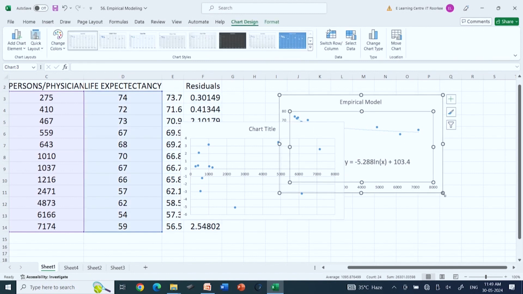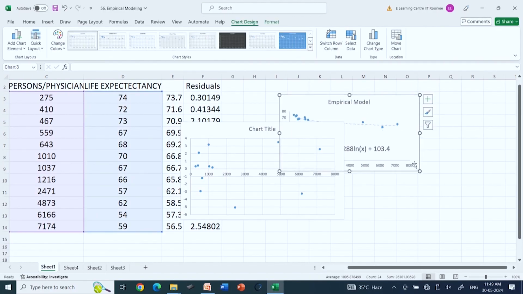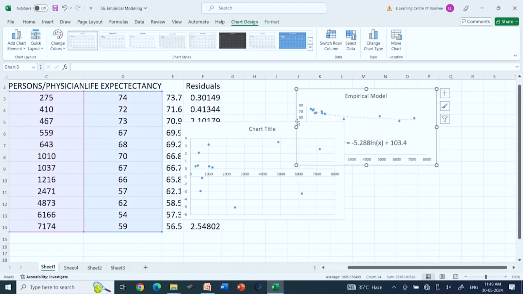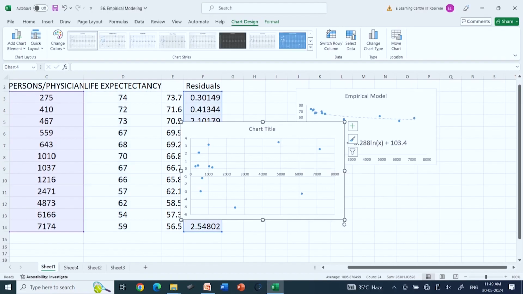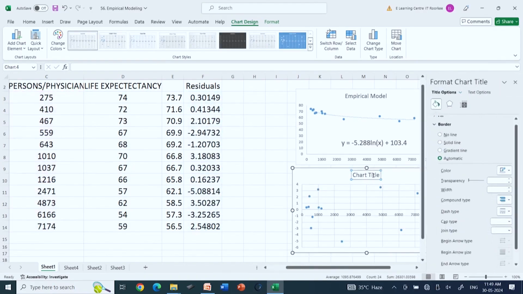Let us make this a bit smaller so that both the charts can fit. So, I just name it logarithmic model and residuals.